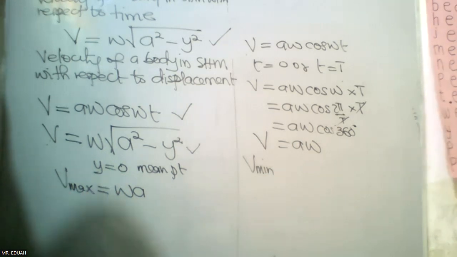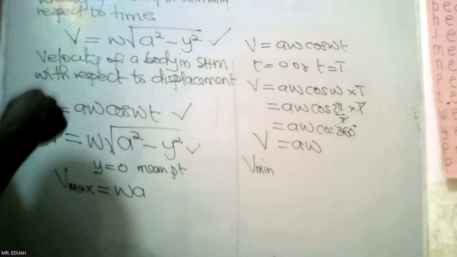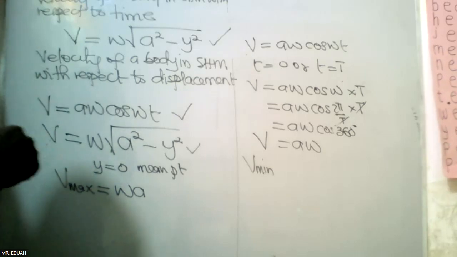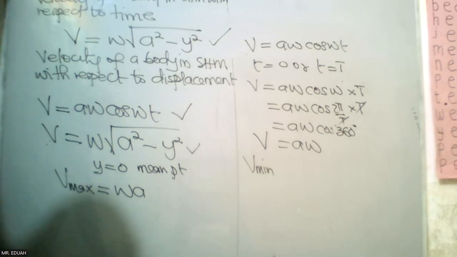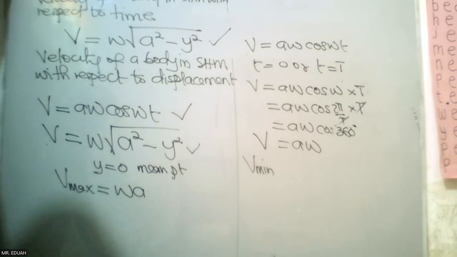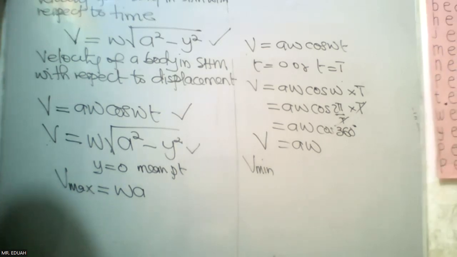And what is the value of the minimum velocity? What is the minimum velocity of a body in simple harmonic motion? It is 0.